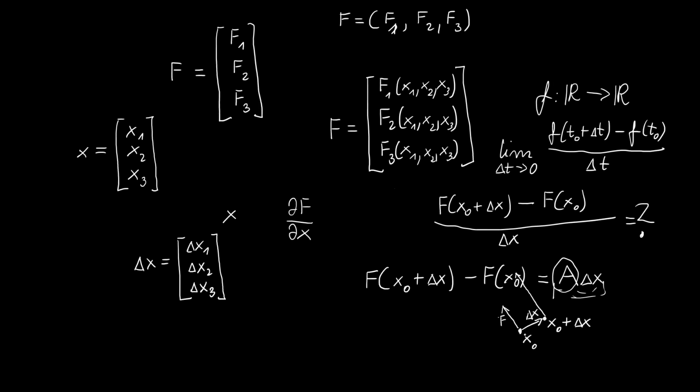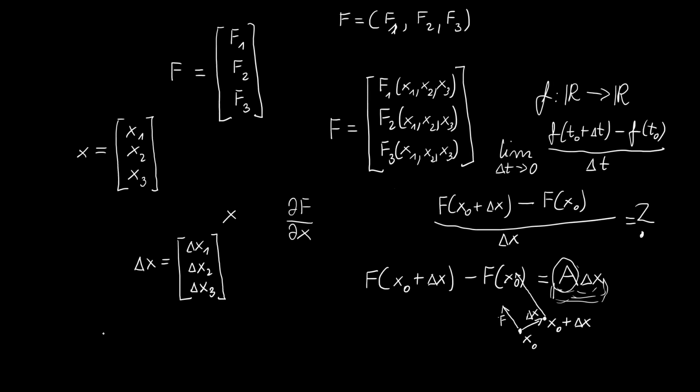So the small change of force when we move from x0 to x0 plus delta x might be in an arbitrary direction. So we want the result to be also three-dimensional. So what is the matrix that we can multiply by a column vector and get also a column vector of dimension 3? Well, it's a 3 by 3 matrix.